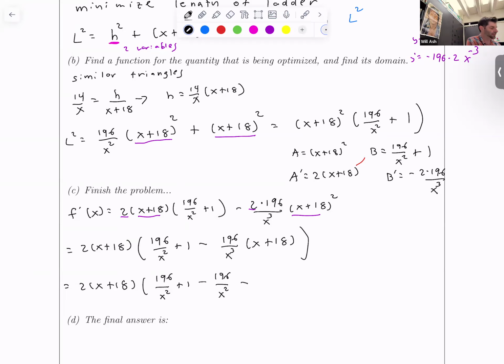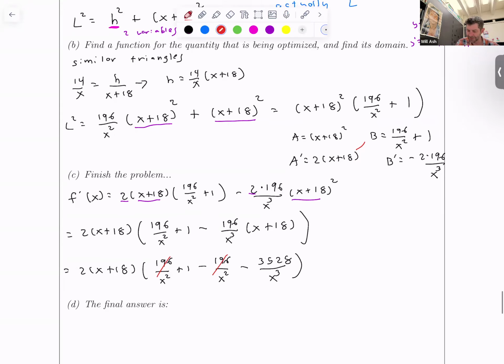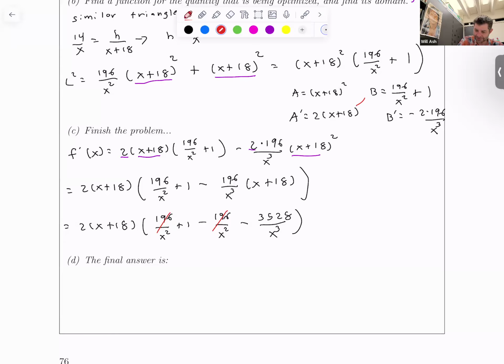Oh, geez, let me use a calculator for that. Which will be 3528 over x cubed. Again, you see those two guys kill each other.